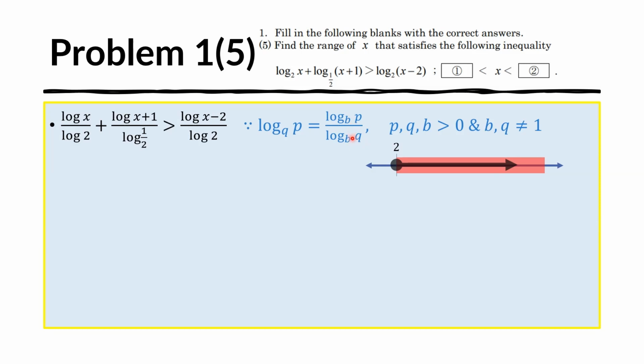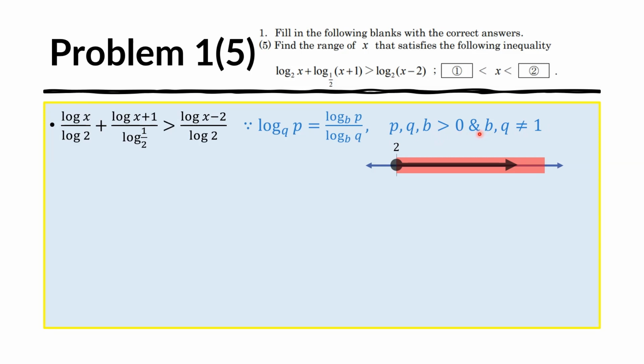Any value of b works as long as it's greater than 0 and it is not equal to 1. And p and q must also be greater than 0. And again, q cannot be equal to 1, because if it were 1, then this expression here would be 0, and this will be undefined. So these are the only restrictions for the values of p, q, and b.